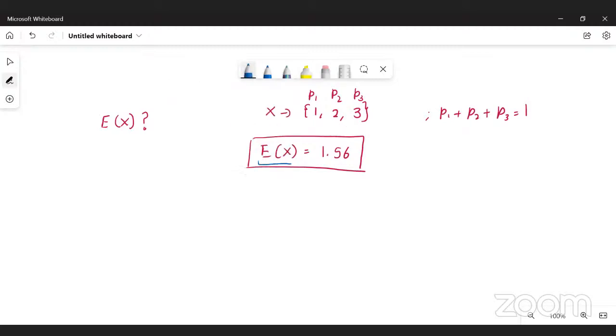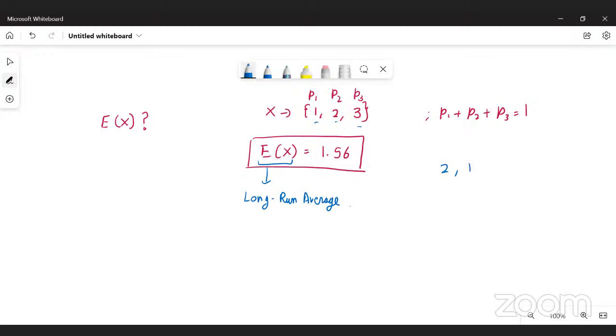Do you know what expectation is? It is just a long run average, right? Long run average. Suppose there is some random experiment you are performing, and your possible outcomes are 1, 2, and 3. Suppose in the first trial I got outcome 2.